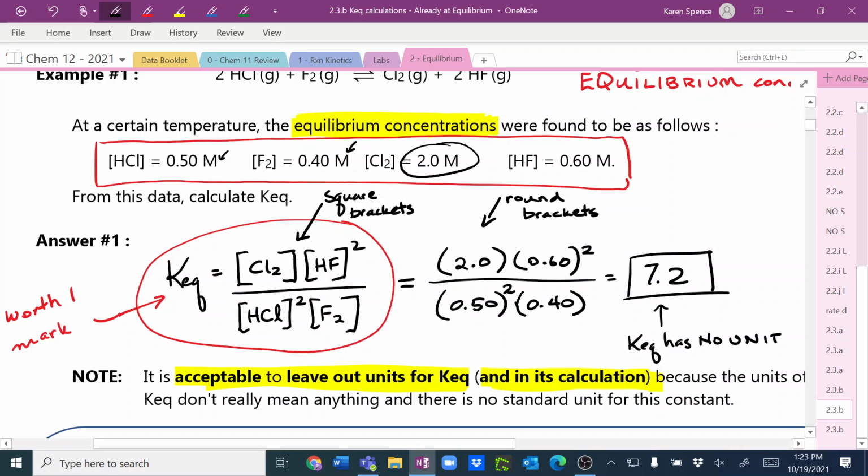If you get something different, I want you to wave me over and I'll help you figure out what's wrong with your calculator.